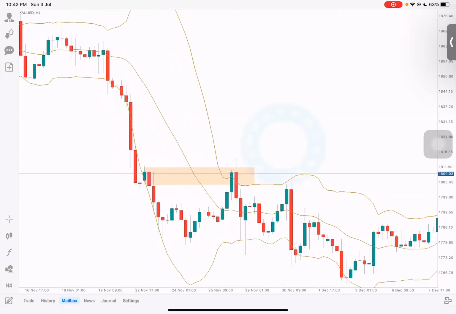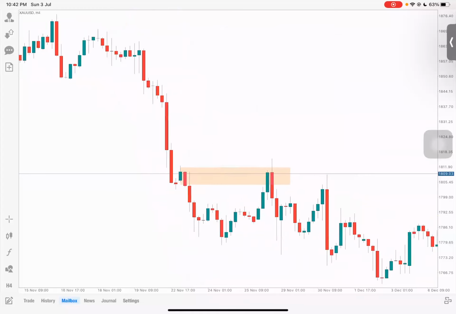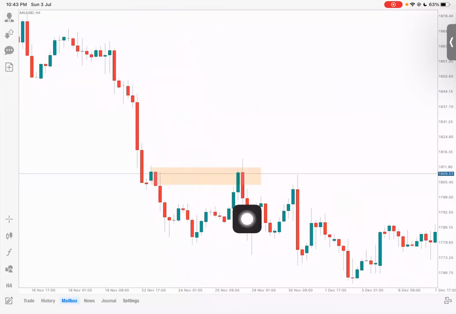Then after I understand, I delete my BB, because I know I want to put a lot more boxes here, so I don't want to get disturbed by the BB lines and everything. So we make it more clear, just like that. Okay, so that's how we use BB. Understand?